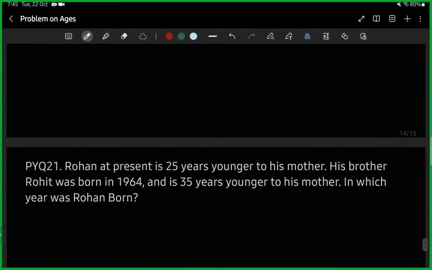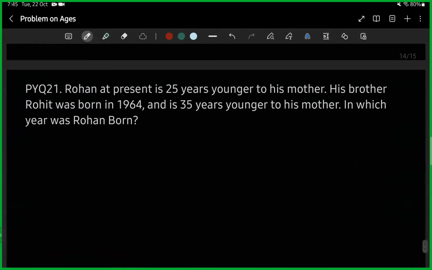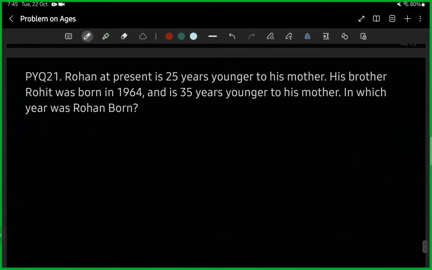Okay, so I think that is all for this problem on ages. This is one of the PYQs of 2021, a previous year question. This is a very easy question compared to the questions that we have been solving. So let's take a minute and solve this question. In which year was Rohan born?